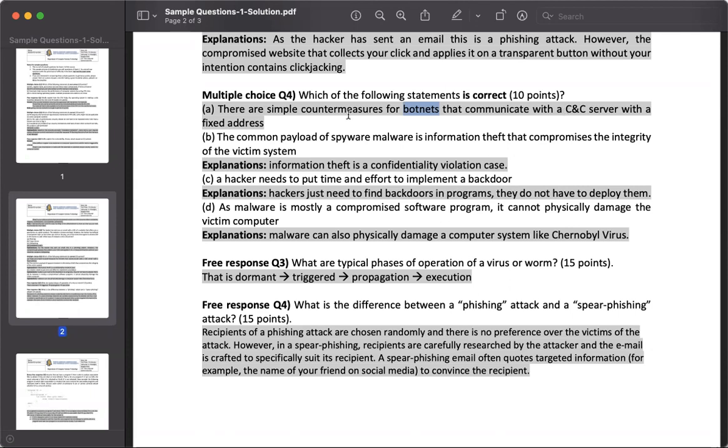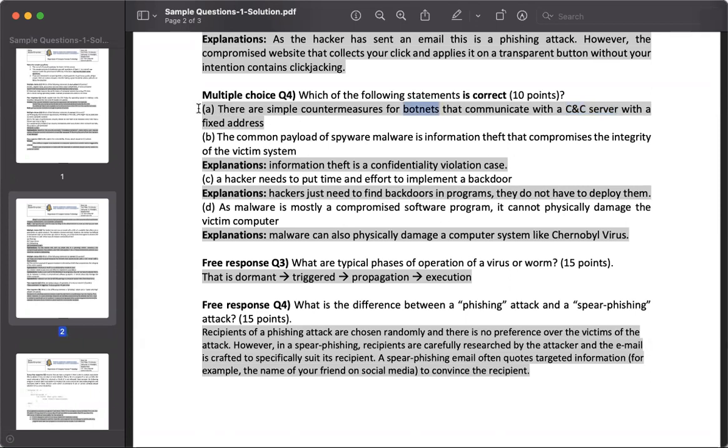So if the CNC server, the command and control server, has a fixed IP address, there is an easy way to fix it, and that way is to just pull down the CNC server. If I attack the CNC server, it works like a single point of failure for that system. If the CNC server is down, the whole botnet army is down.